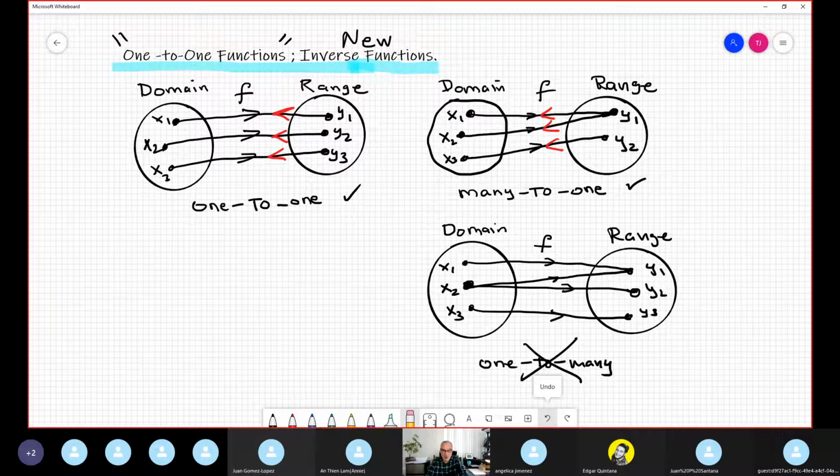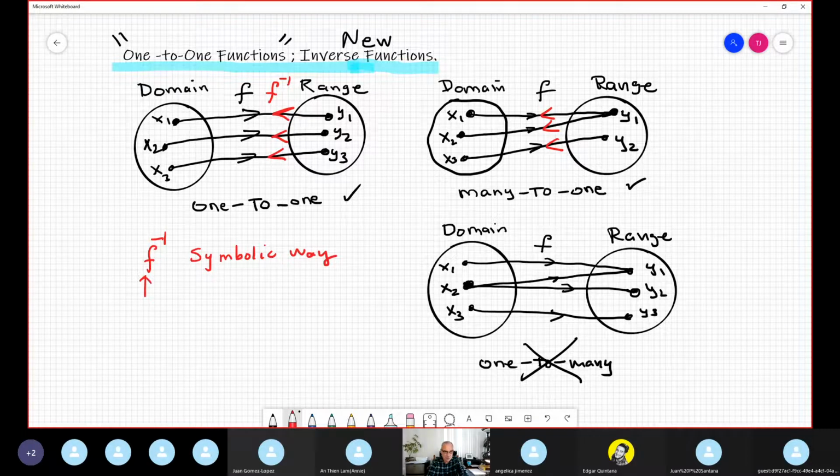Now, it's important to understand one more thing. This is a very important moment. The notation that we use to denote the inverse function is something like that, f negative 1. But this f negative 1 is just a symbolic way to indicate the inverse function.